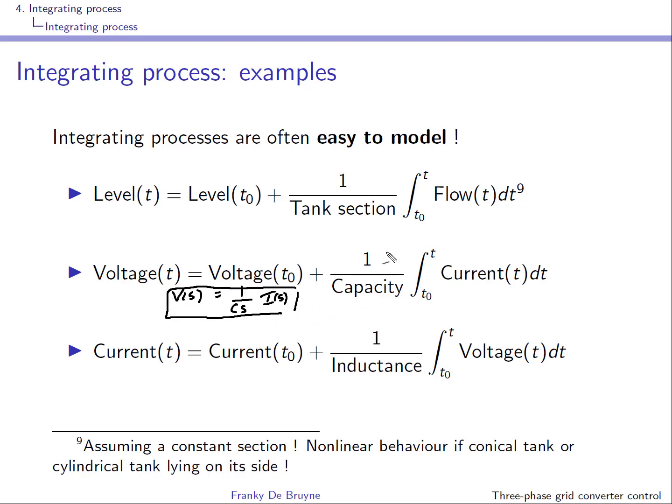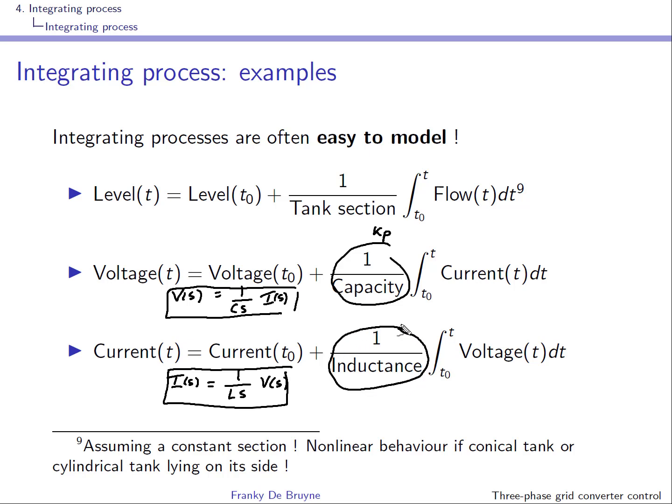So this gain Kp over here is simply 1 over the capacitance, if you're looking at the current flowing through a capacitor and its influence on voltage. You have something similar here for an inductor: the output current is 1 over Ls times the input voltage. So in here the gain Kp is 1 over the inductance.